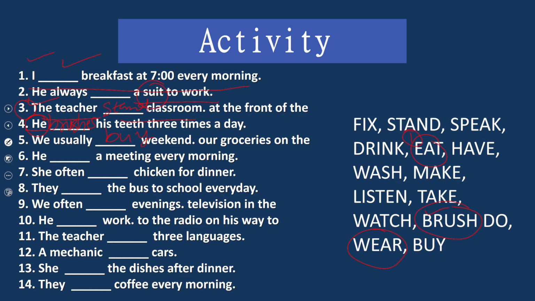Yes. He has a meeting every morning. अब have तो नहीं लगाएंगे ना इसके साथ. क्या लगाएंगे? Has, because we have a third person, he. She often blank chicken for dinner. Very easy. Is it eat? Yes. She often, is it eat or do we need to add something?